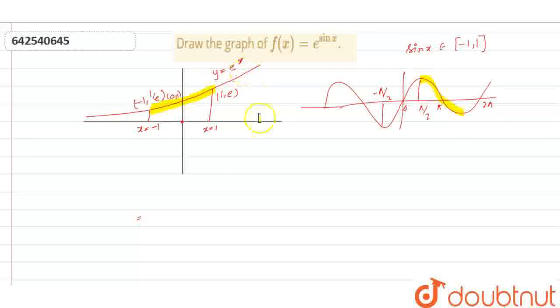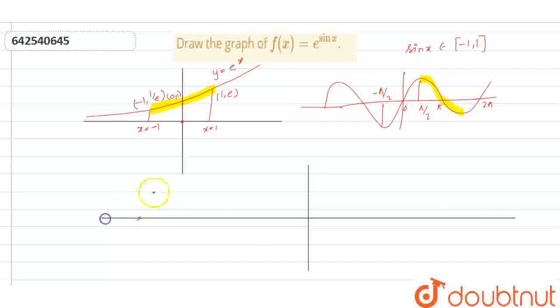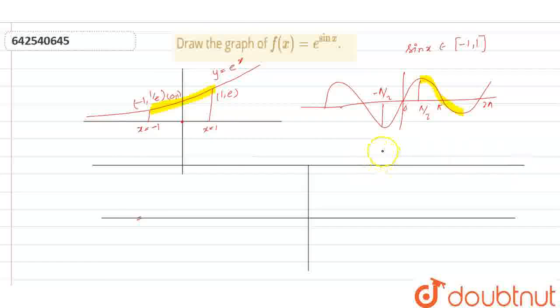Okay. Now, to draw this graph, first of all, we need the minimum and maximum value points. So we'll take a line. I'll take this value, whatever is required.